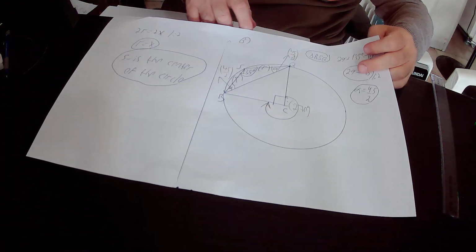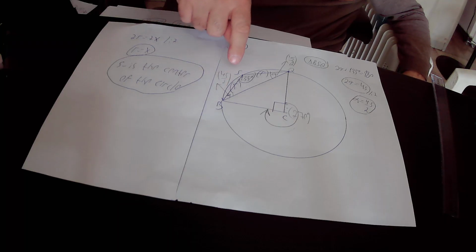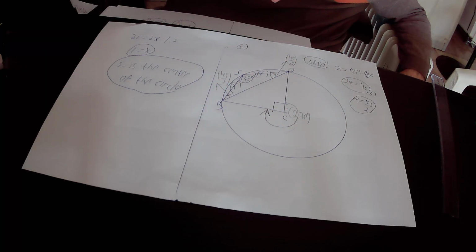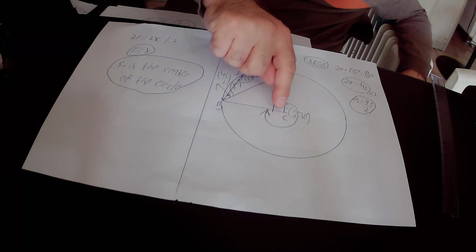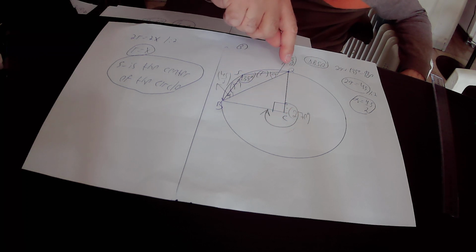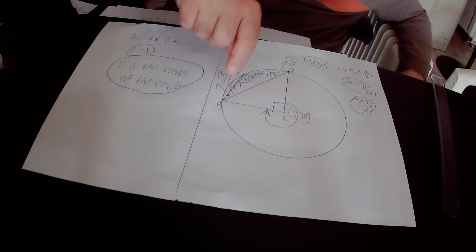Why? Because in our drawing we have this peripheral angle BSQ. This peripheral angle BSQ is subtended on arc QB. And we also have the central angle QCB, that is subtended on the same arc QB.